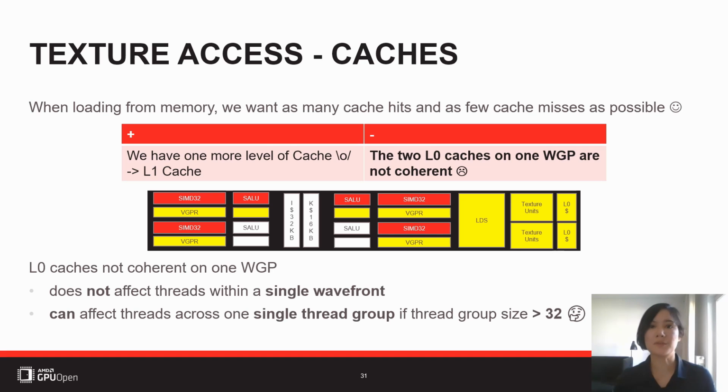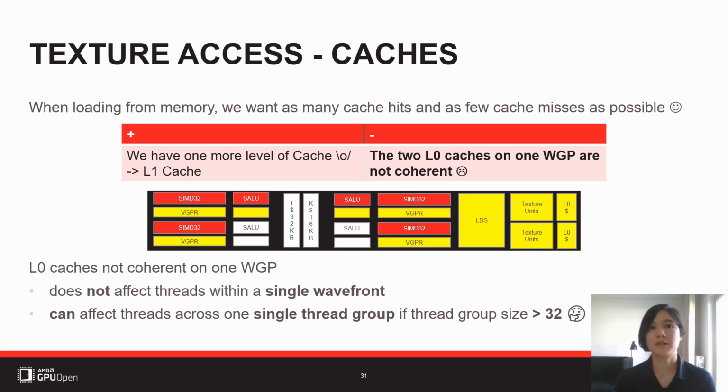So if you're exchanging data or accessing the same memory or texture within the same wavefront, this doesn't have to bother you at all, because one single wavefront is on one SIMD unit, and this SIMD unit is accessing exactly one L0 cache.